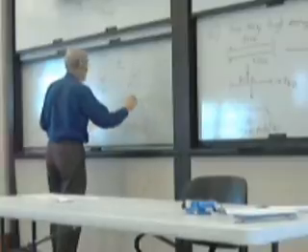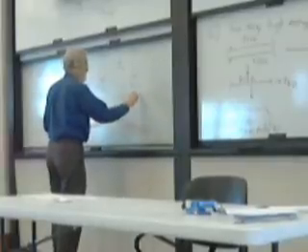Okay, and now I think you can see that the ACU is able to recognize this UGA as a stop codon.